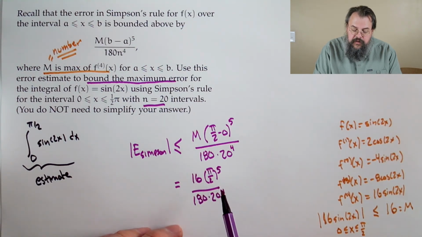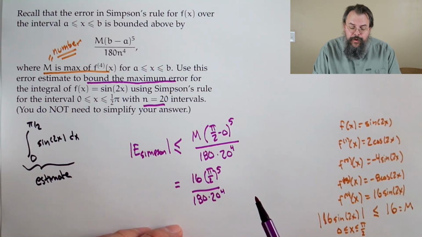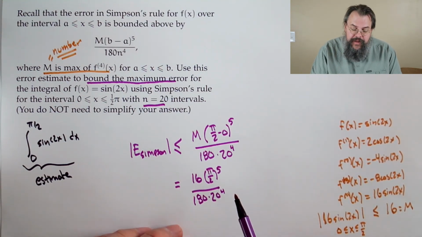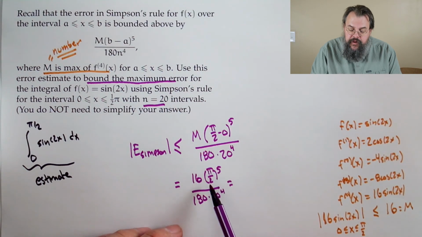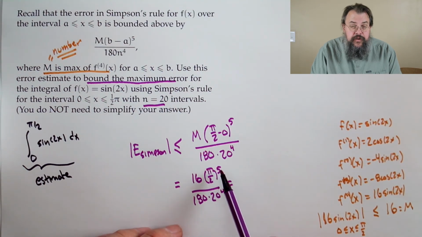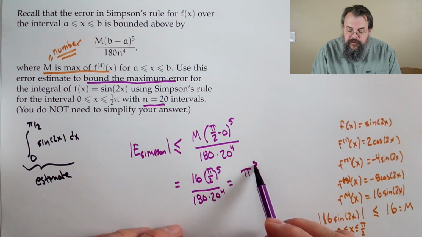You'll notice it said you don't have to simplify, which is great. Now, we could simplify a few things. Notice there's a 2 to the 5th, which is 32. 16 over 32 simplifies to 1 half, leaving a 2 downstairs, with the pi to the 5th upstairs.